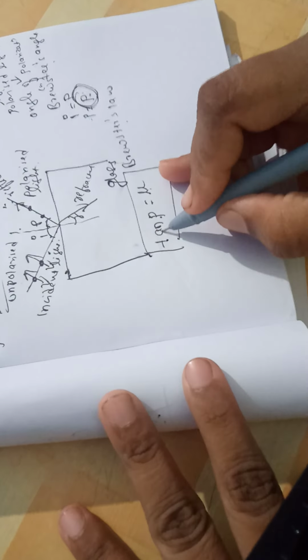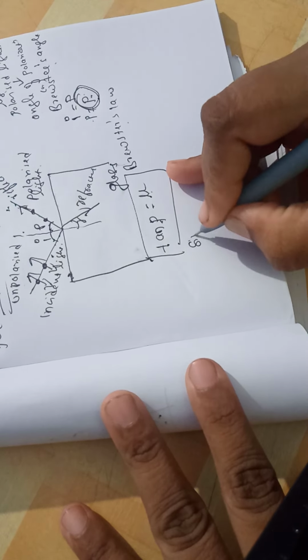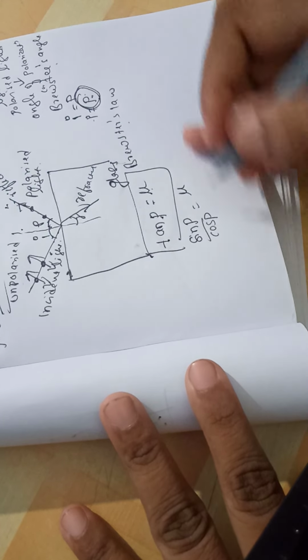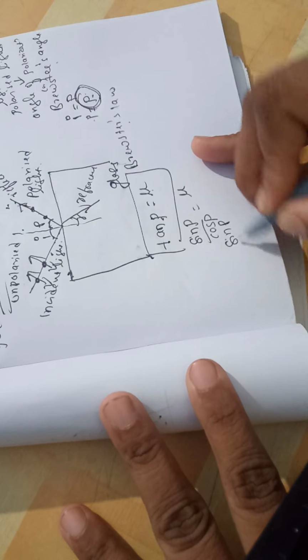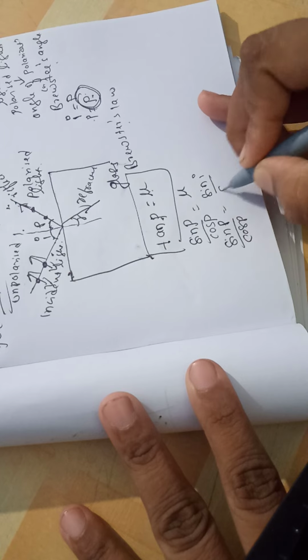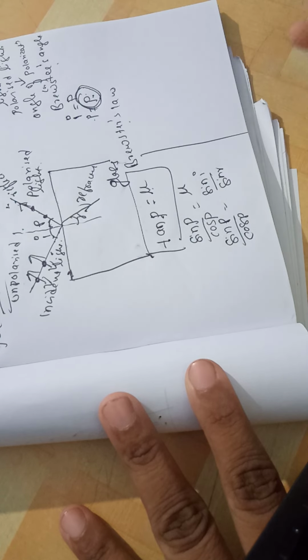Now tan P is nothing but sin P by cos P, no? That is equal to mu. According to Snell's law, what is mu? Sin I by sin R, right?